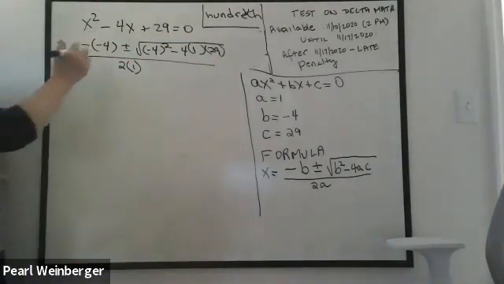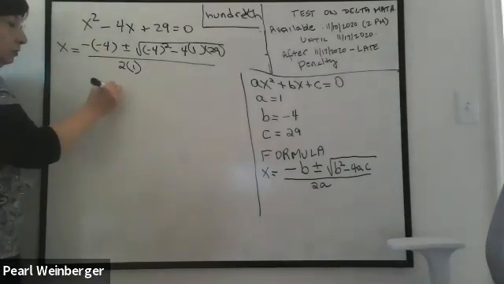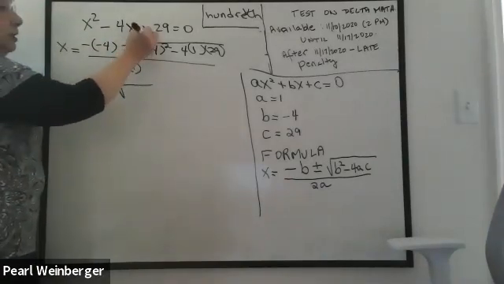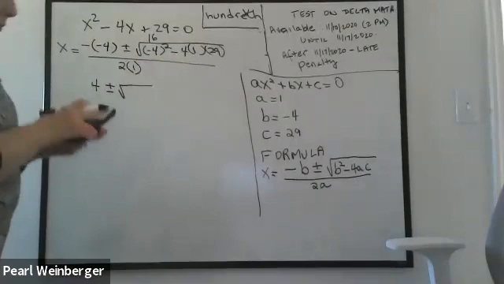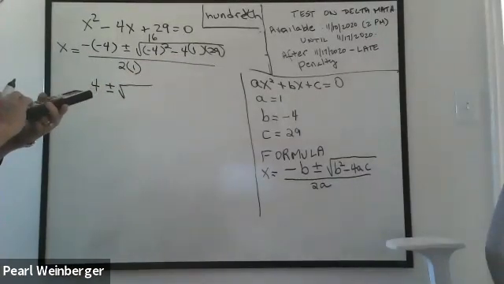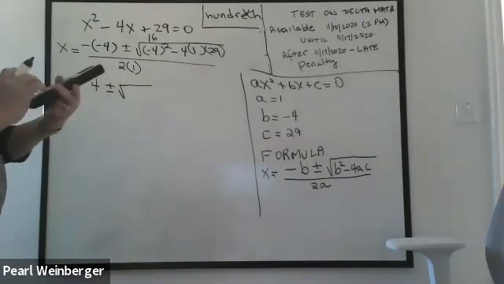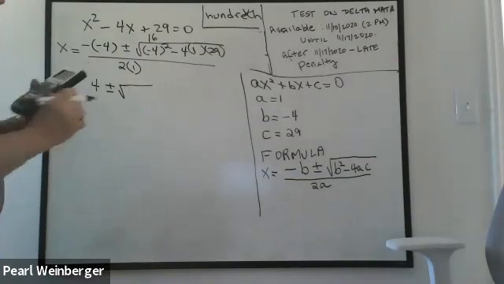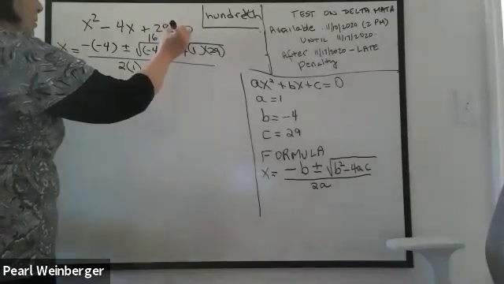Okay, and now we simplify. -(-4) is +4, plus or minus the square root. Okay, the (-4) squared is +16, and -4 times, and remember, I have to use the negative, not the minus button, -4 times 1 times 29 gives me -116.